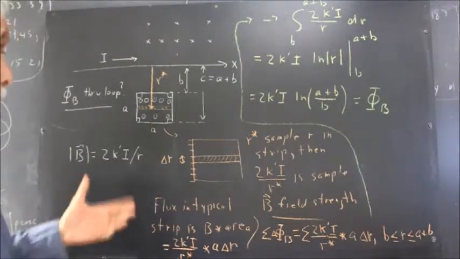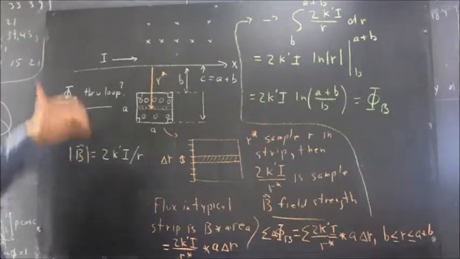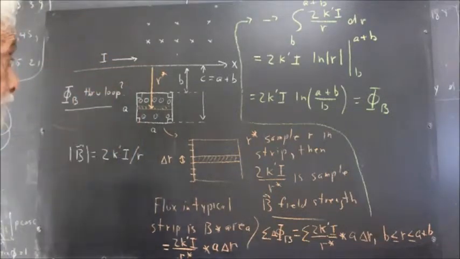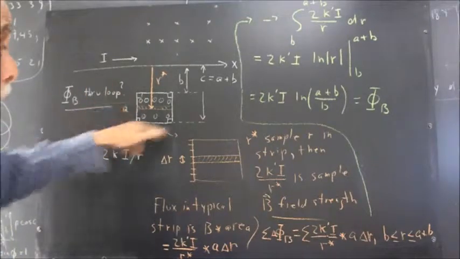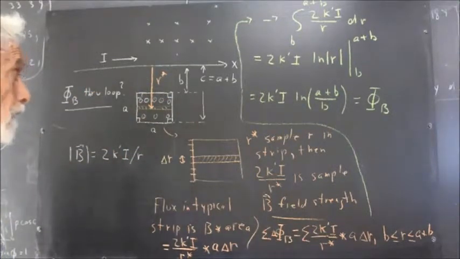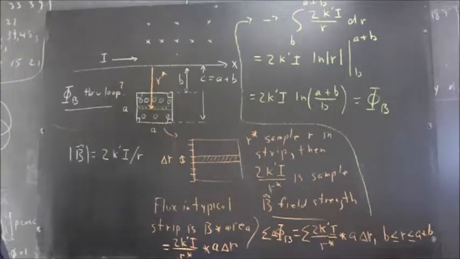Now, if the loop is stationary, and if the current and therefore the magnetic field remain the same, then there's no change in the flux, so there's no induced EMF and no current induced, assuming this is a conducting loop.